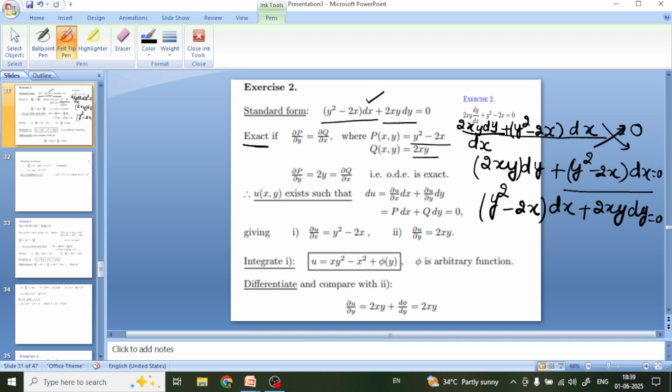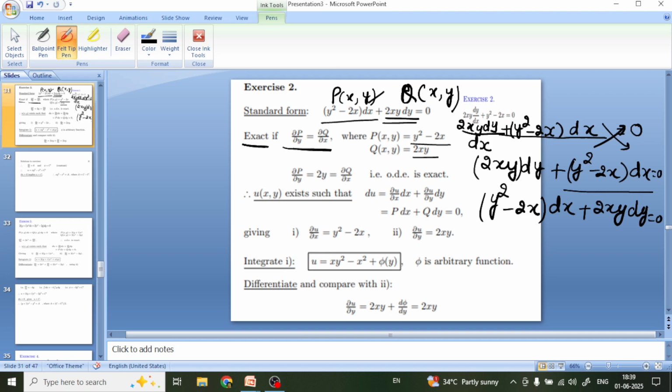Now for exactness, the first formula is that you have to prove that the partial derivative of P is equal to the partial derivative of Q. If both are equal, then we can say it is an exact differential. Here P(x, y) is this and Q(x, y) is this.